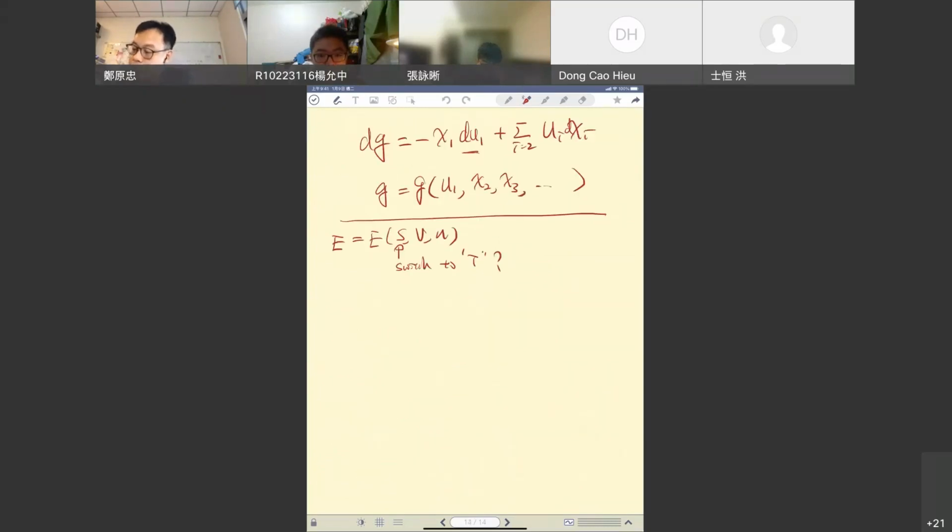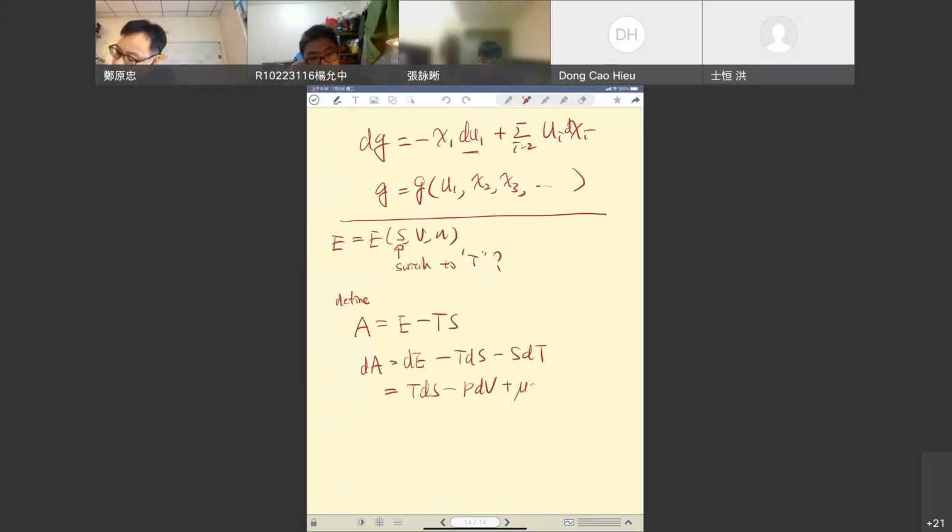So if we define A equals E minus TS, we can calculate dA is dE minus TdS minus SdT. dE equals TdS minus PdV plus mu dN, minus TdS minus SdT. TdS cancels out. So you have minus SdT minus PdV plus mu dN.